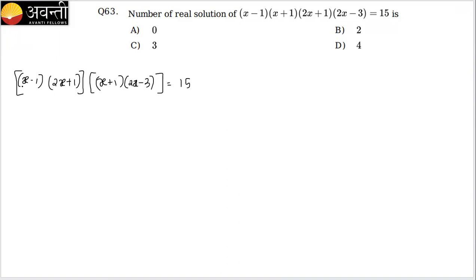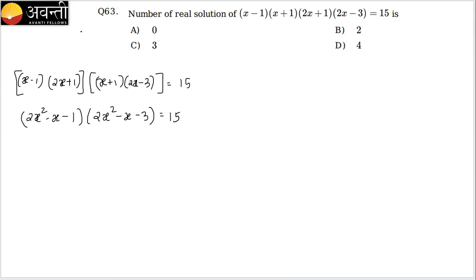So if I open this bracket, I'll get 2x square plus x minus x minus 1, into, if I open this, I'll get 2x square minus 3x plus 2x, so minus x minus 3, is equal to 15.